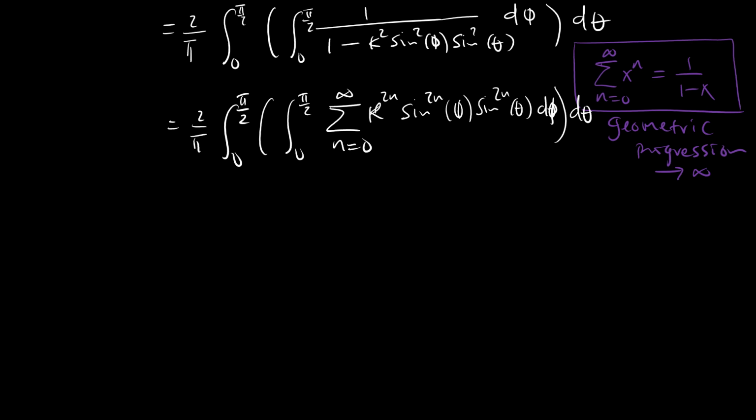So we can rearrange things. We can bring the summation sign out, because the integral of the summation of items is the same as the sum of the integrals of the independent items.